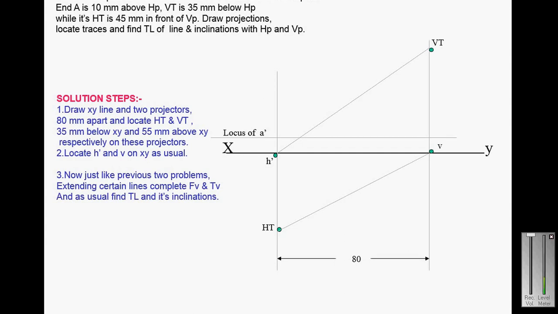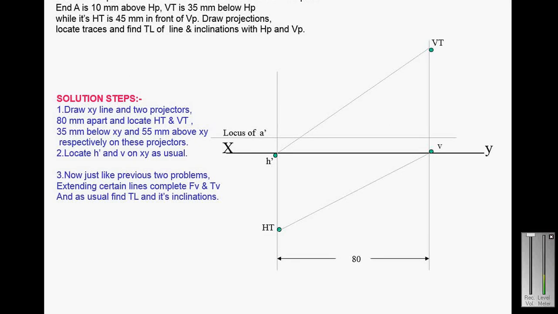One projector line is for the horizontal trace and the second is for the vertical trace, and the distance between the two lines is 80 millimeter, as shown in the figure.